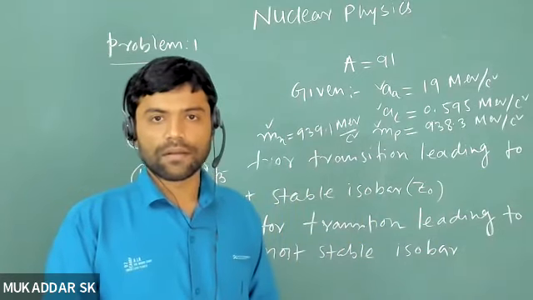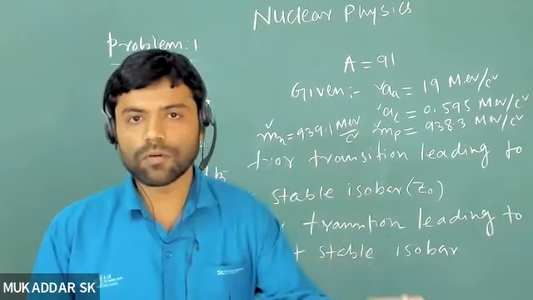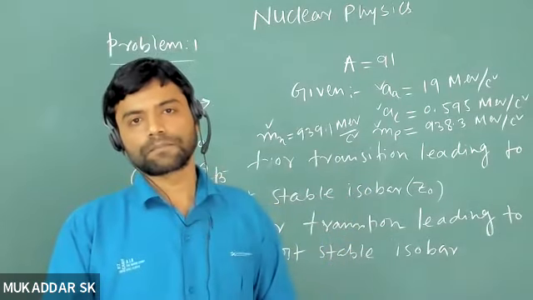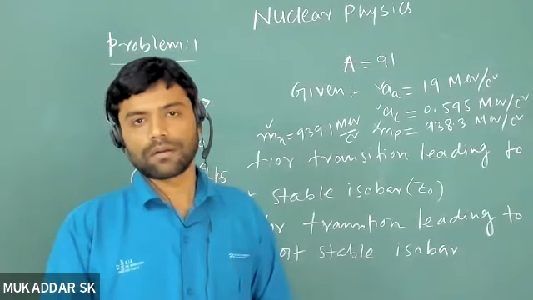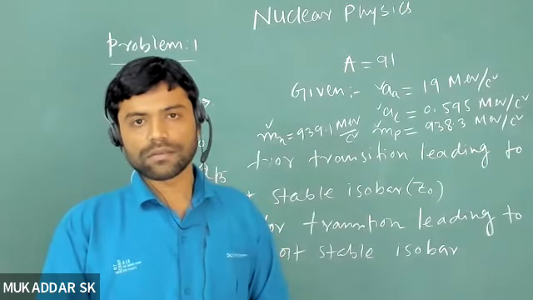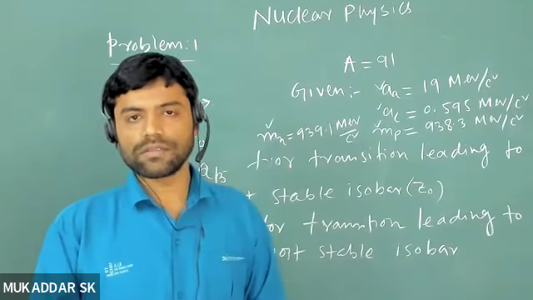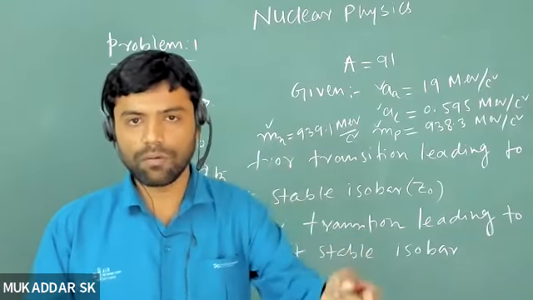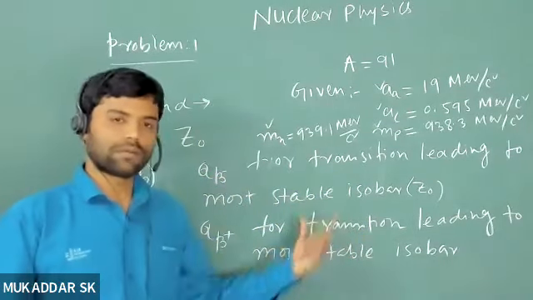It means the parent nucleus is converting to the most stable nucleus, that is, the parent nucleus is converting to a daughter nucleus, and the daughter nucleus is most stable.